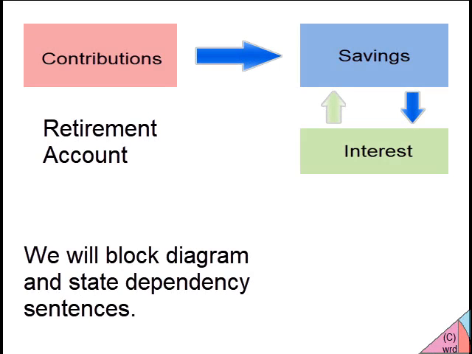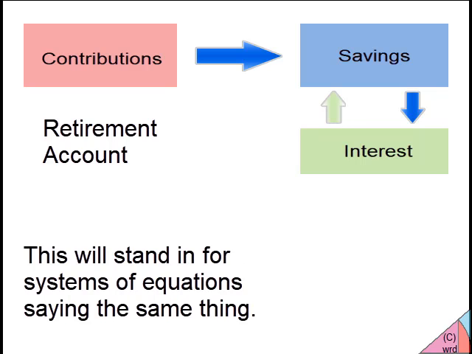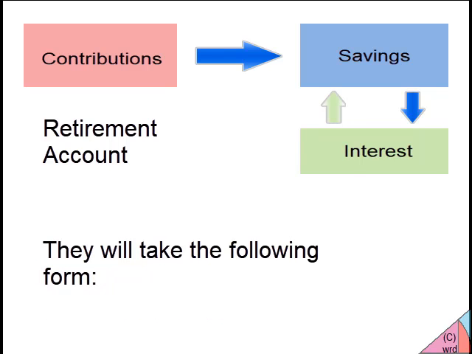We will usually take a moment at the beginning of an example to describe our model in dependency sentences using everyday language. These will stand in for the college students' equations of change, describing the same thing. They will usually sound like this.